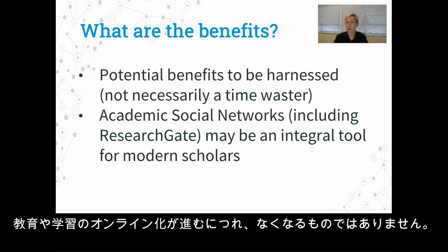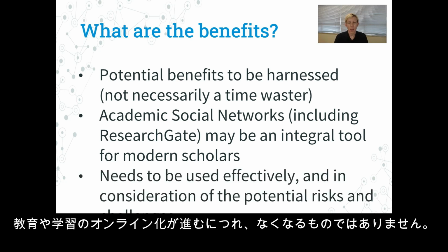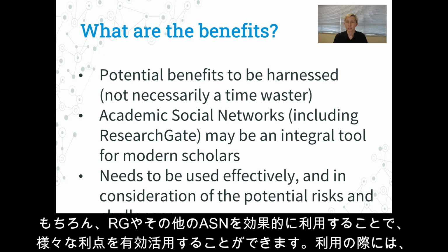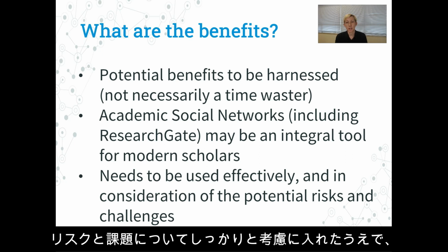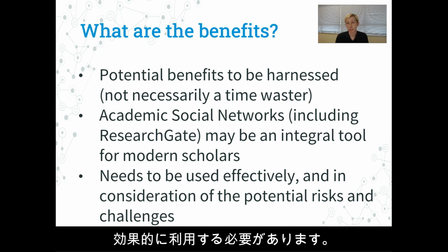It's not something that's going to disappear as we move more and more online for teaching and learning and, of course, research. But ResearchGate or other academic social networks need to be used effectively in order to bring out those benefits, and also need to be used in consideration of the risks and the potential challenges.